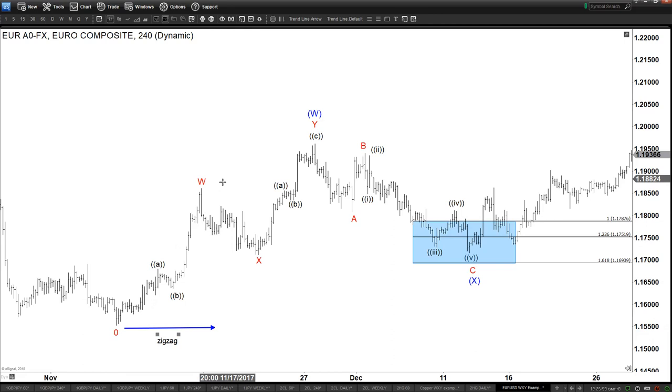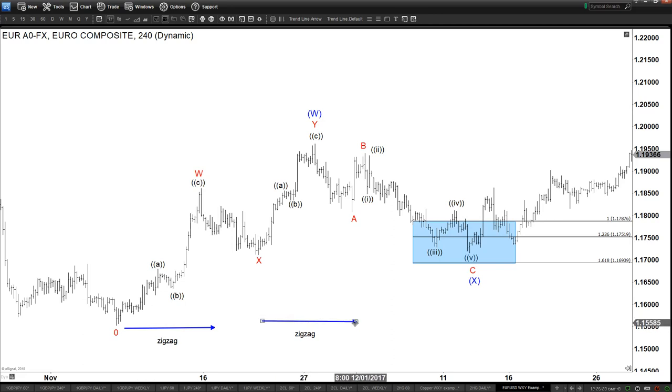So we got a zigzag leg on the left side, ending the W in the higher degree. Then we got the X pullback, and then we got another ABC up on the right side, which is another zigzag. So this is a combination of two zigzags. In this WXY example, we call this a double zigzag. Alright, so that is what we call the double correction.